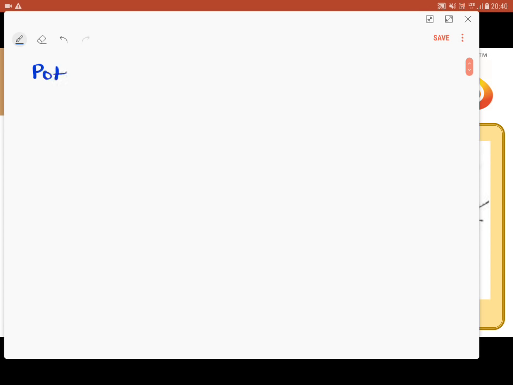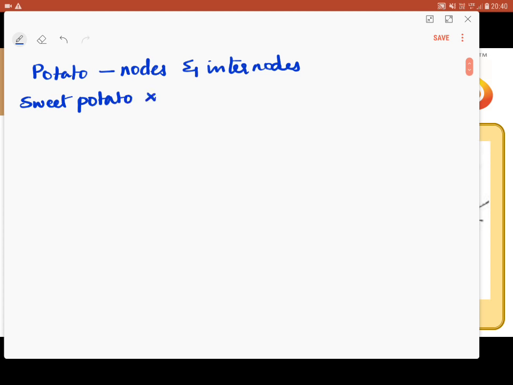Potatoes generally have nodes and internodes, but on the other hand, sweet potato has no nodes, no internodes. So, in other words, nodes and internodes are a feature of stem, and absence of them is a feature of root.